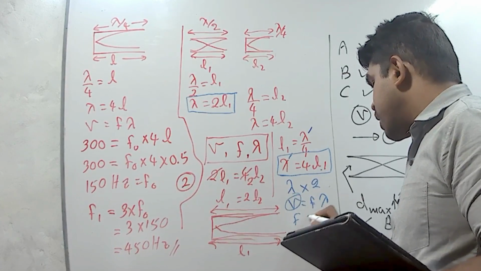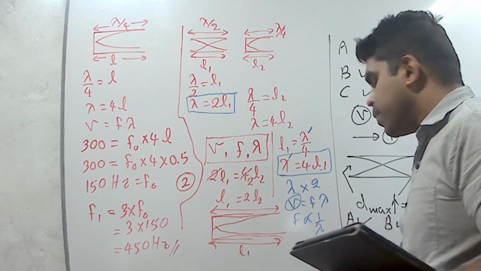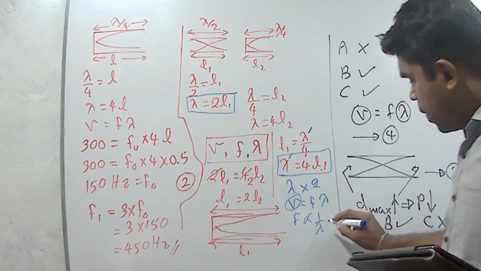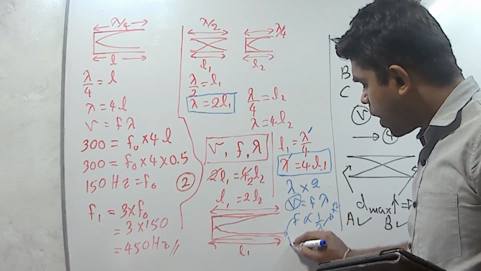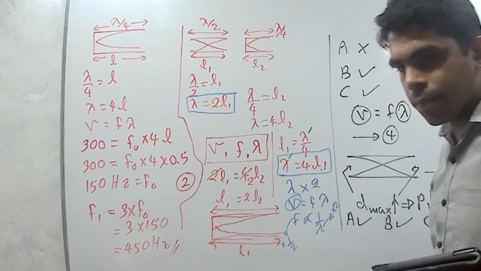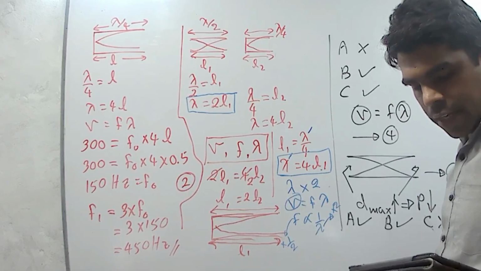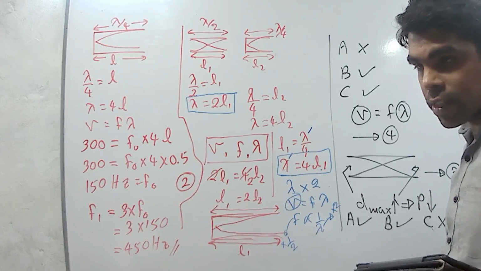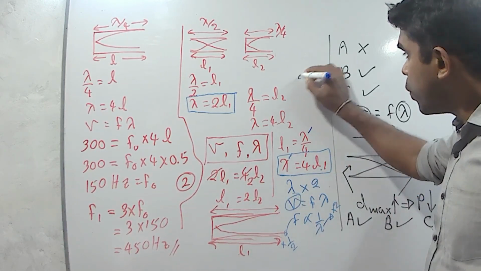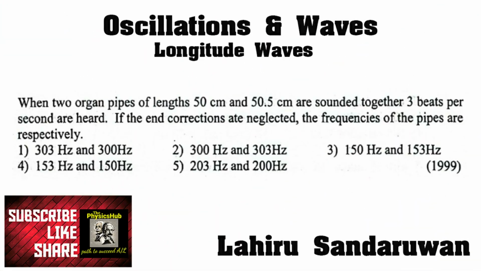Then frequency is inversely proportional to wavelength. When the wavelength is twice, the frequency should be half of the initial value. Then we get F0 over 2 as the new frequency. Answer is 2.